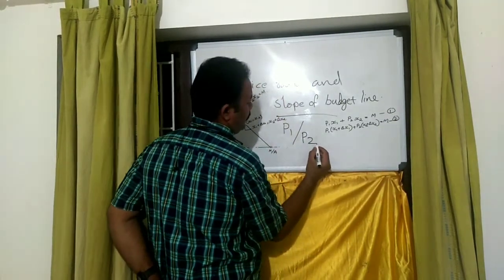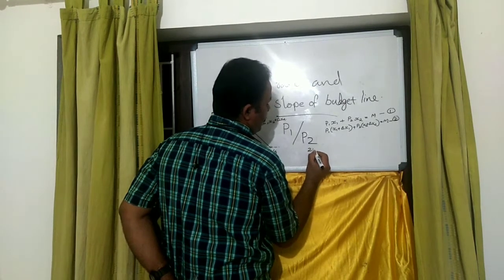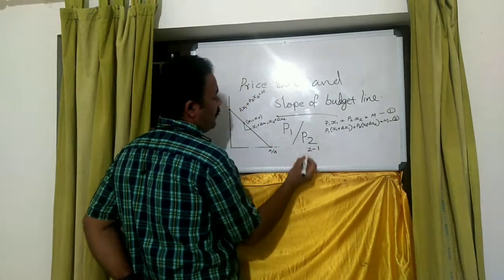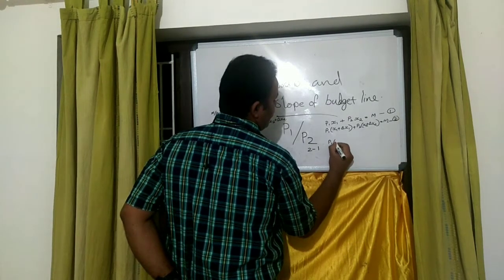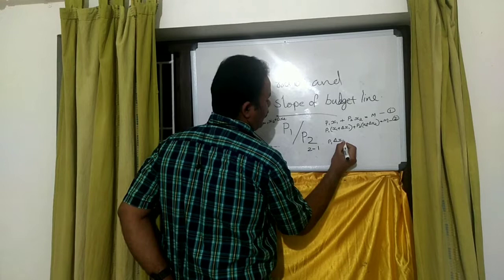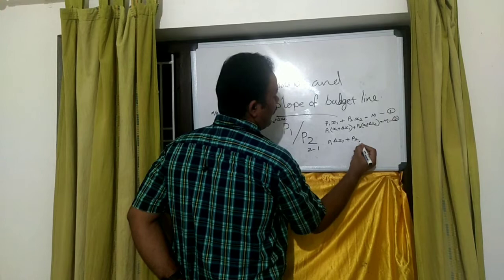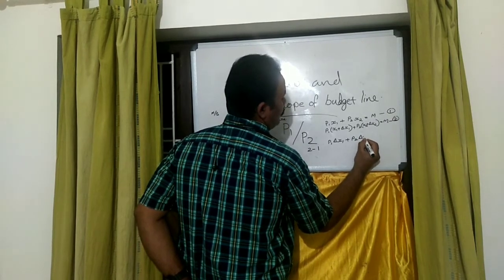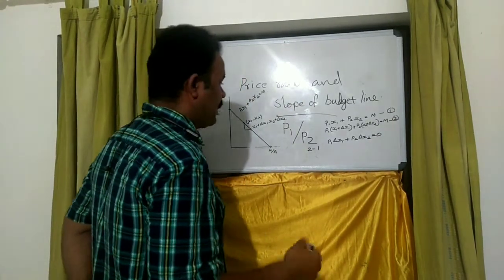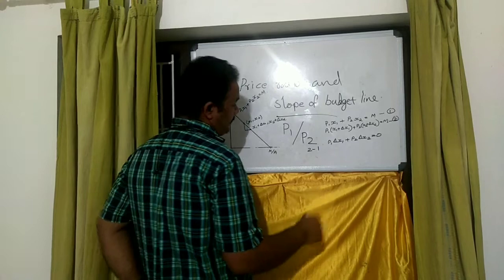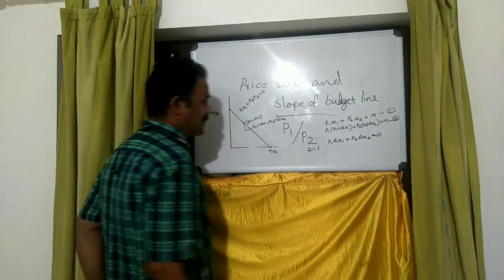If we deduct equation 1 from equation 2, then we will get P1 delta x1 plus P2 delta x2 is equal to 0. Here we are deducting the first equation from the second equation.